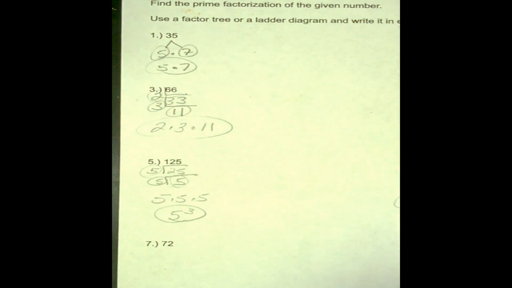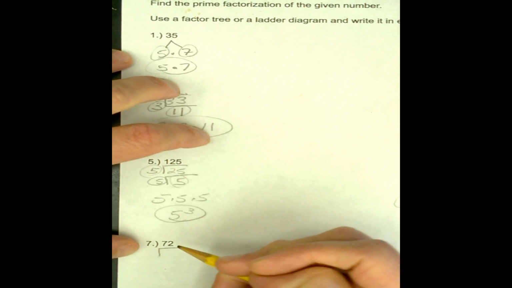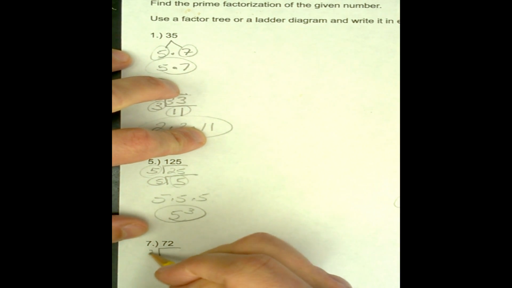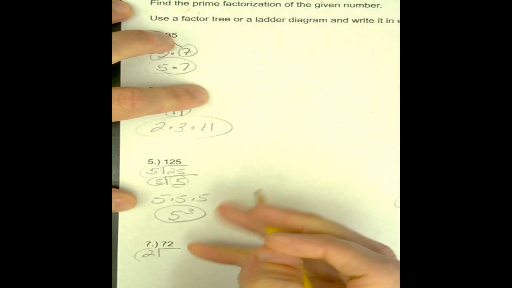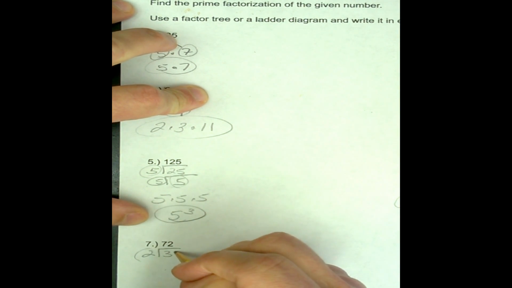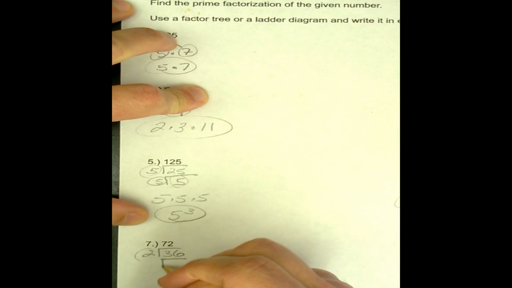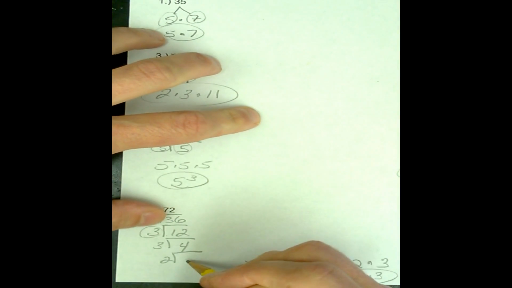Last we have 72. 72 is an even number, so I can divide it by 2. 72 divided by 2, remember 2 is prime, it's 36. 36 divided by 2 is 18. 18 divided by 3, 3 is prime, is 6. 6 divided by 3 is 2.